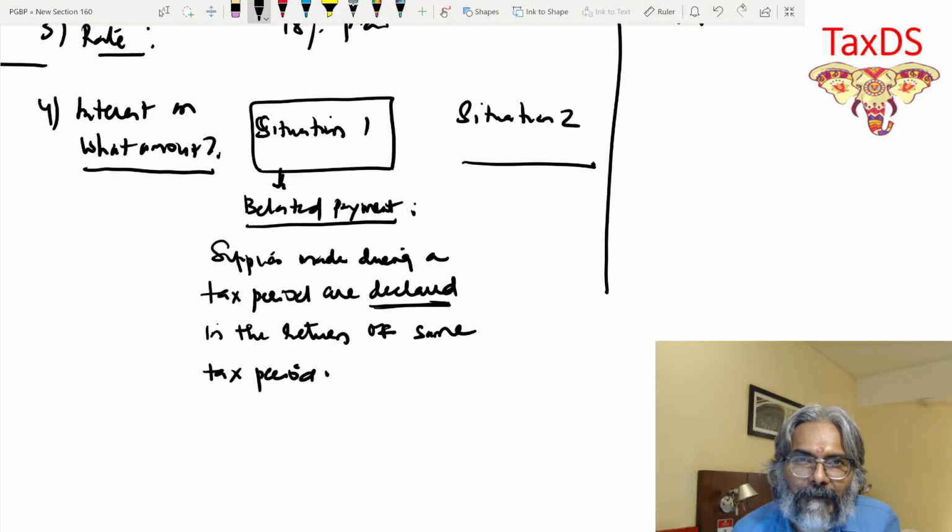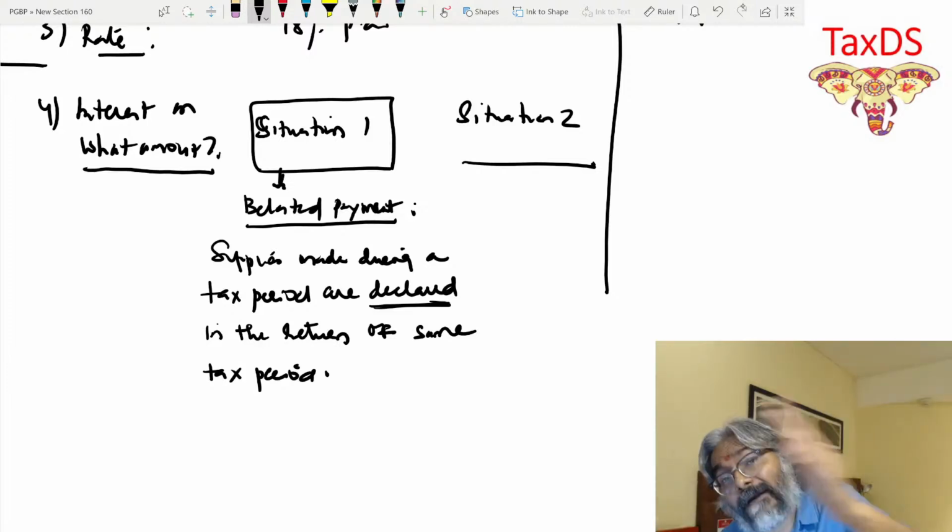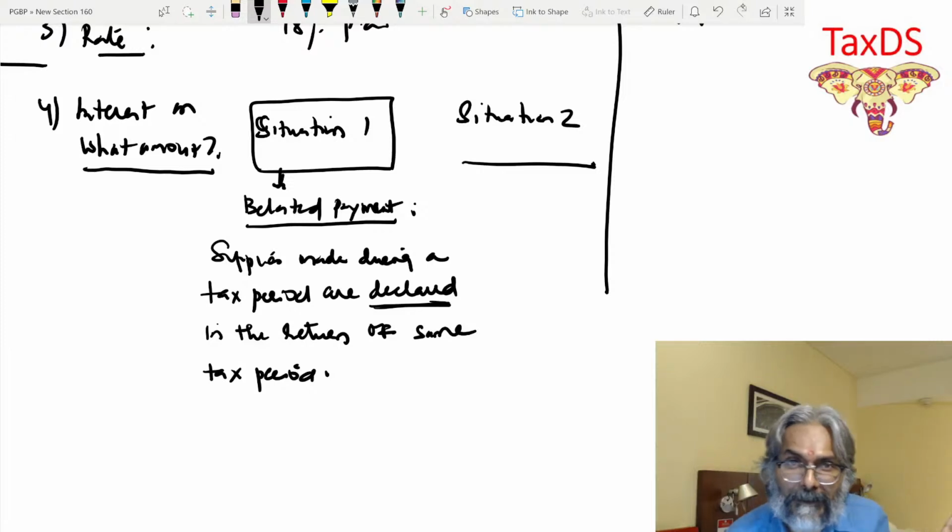One supply he has missed. He was making the payment for that one supply of February, which he missed paying by the due date, which is 20th of March. Now he is making the payment along with the supplies of the month of July, which have happened already. That is what we have discussed in this case.